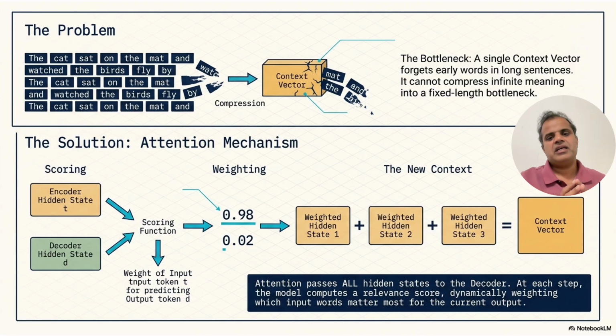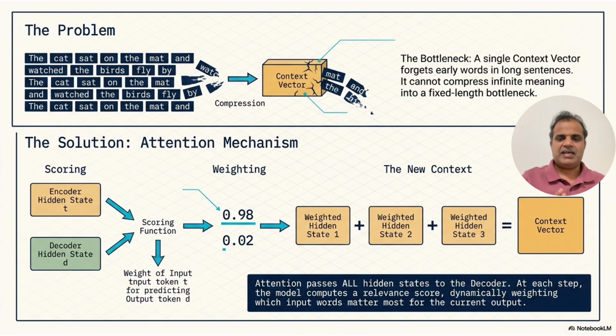The upper graphic illustrates the problem. The information bottleneck. When forced to compress long, complex sentences into a single, fixed length context vector, early words are forgotten, causing the vector to literally fracture under data load. The solution is the attention mechanism, which is shown below.